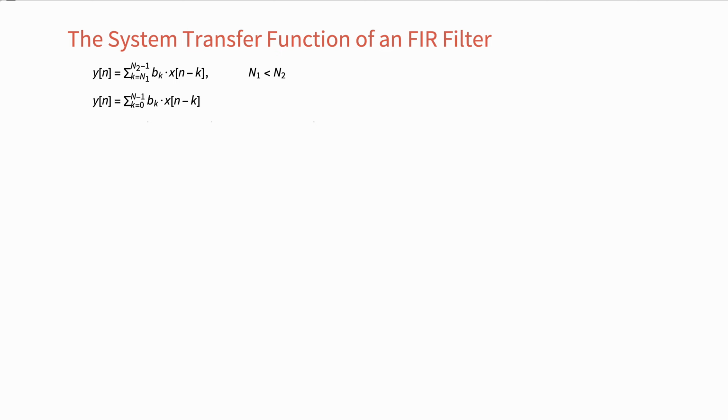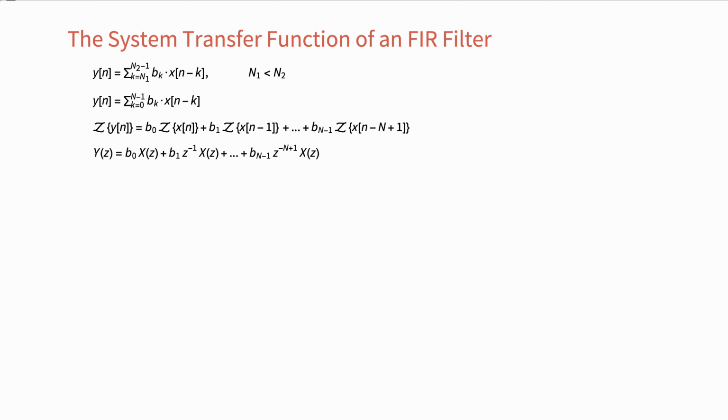Now, if we take the Z transform of both sides of the difference equation and apply the time-shifting theorem, we get the algebraic equation shown here. Using this equation, we can write the expression for the system transfer function, which is defined as the Z transform of the output sequence over the Z transform of the input sequence. As you can see, the transfer function of a non-recursive system is a polynomial in powers of 1 over Z.